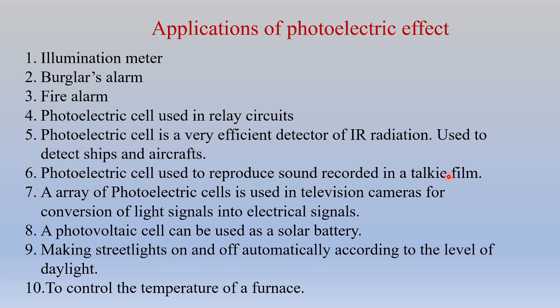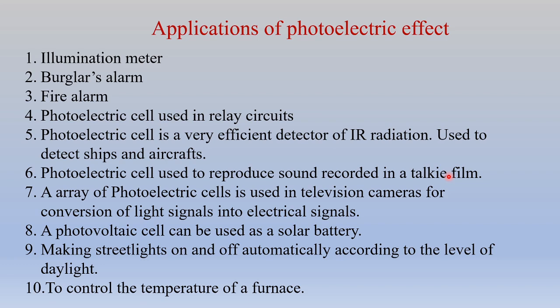If somebody tries to open the door or cross that position, what will happen? There is a breaking of the IR radiations, so there is a break in the photoelectric current. That is sensed by other electronic equipment, and it produces the alarm.